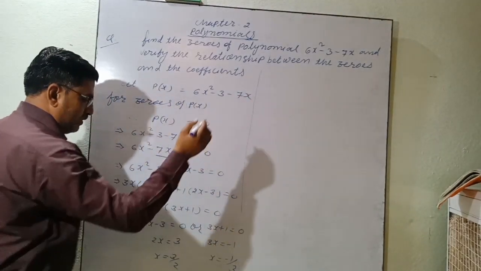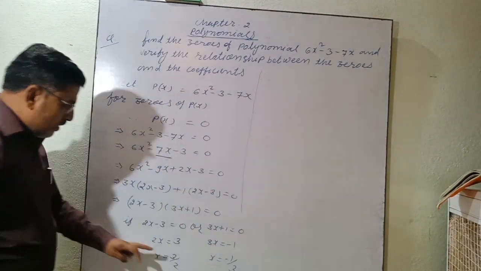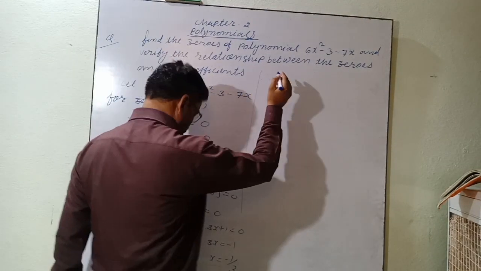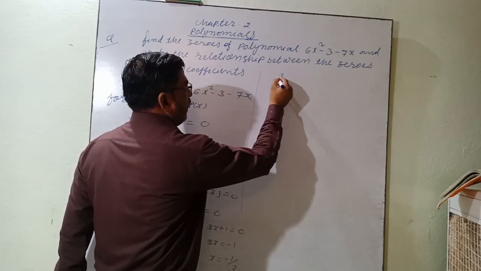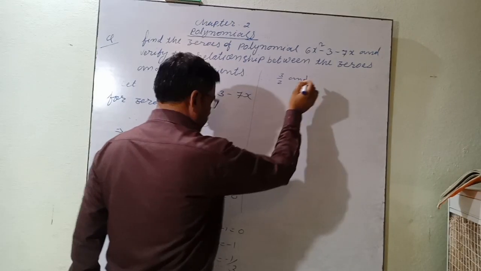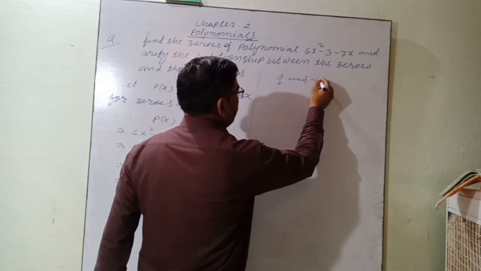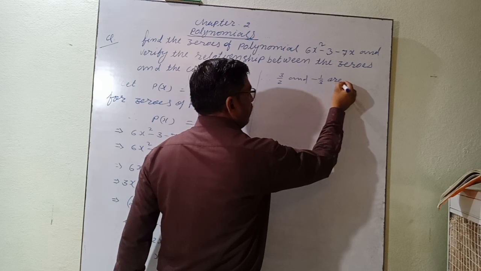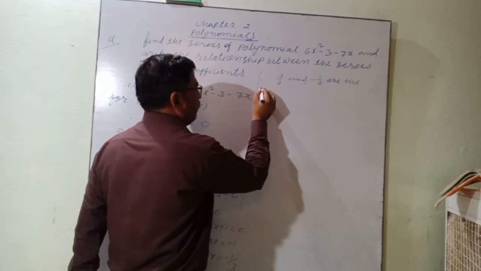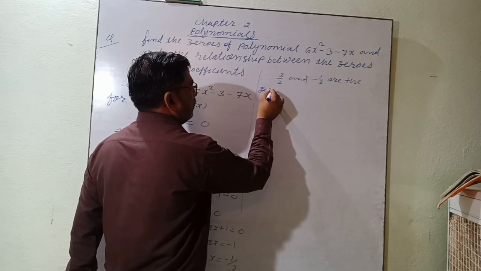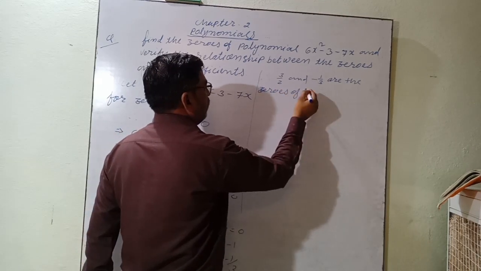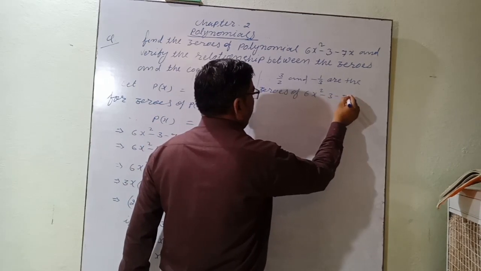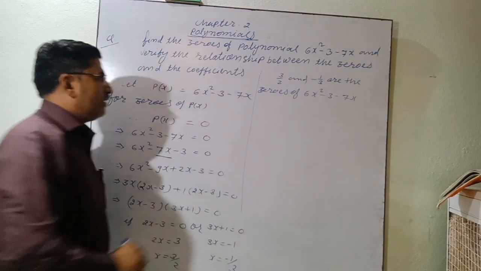So 3 by 2 and minus 1 by 3 are the zeros of 6x square minus 3 minus 7x.